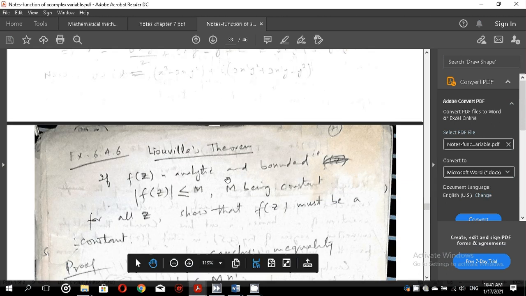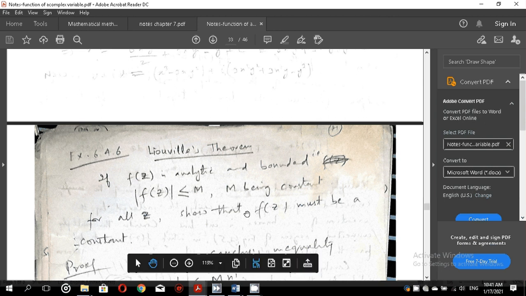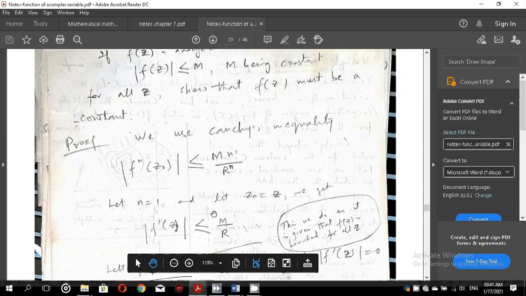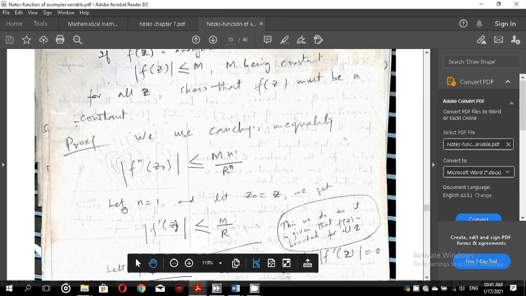If f of z is analytic and bounded, then the absolute value of f of z must be less than or equal to some maximum value for all z. Show that f of z must be a constant. So here is the proof. We have the nth derivative of f of z less than or equal to M n factorial over R to the power n. This is the Cauchy inequality which we derived in the previous exercise.